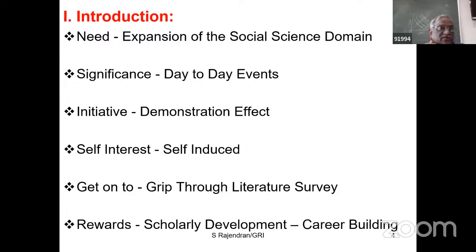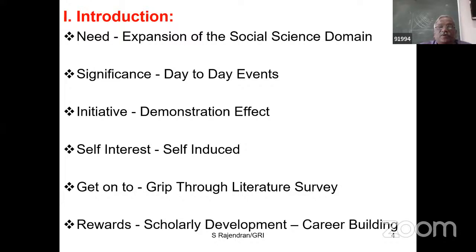In natural science research, by and large, everything is controlled. Say, for instance, 2 plus 2 is equal to 4 in India, even in Canada. Similarly, any scientific research taken up in the laboratory shows broadly the same results, whether it is done in India or in China. But unfortunately, with social science research, it varies even within your neighborhood.